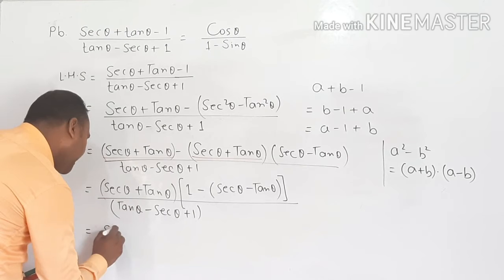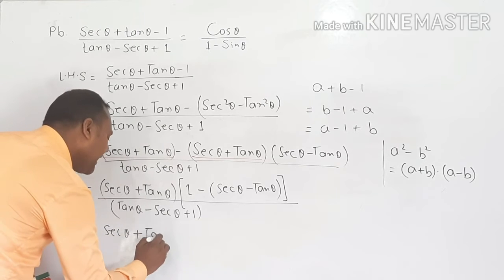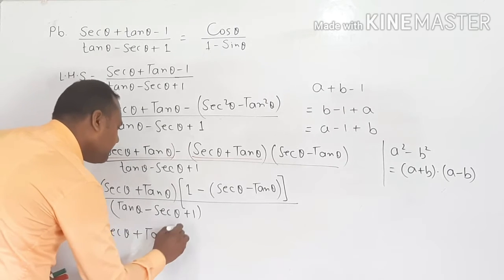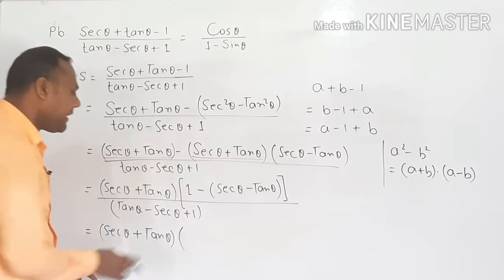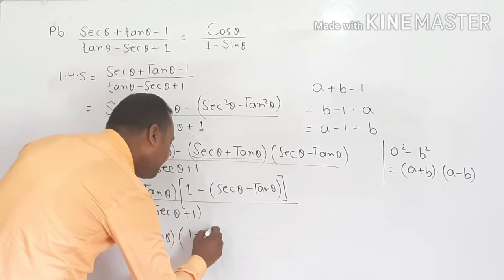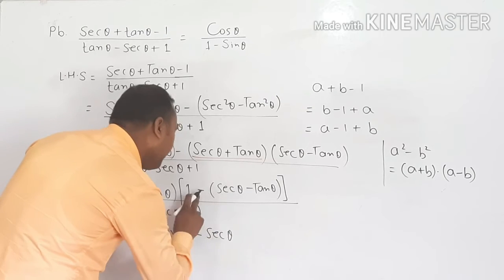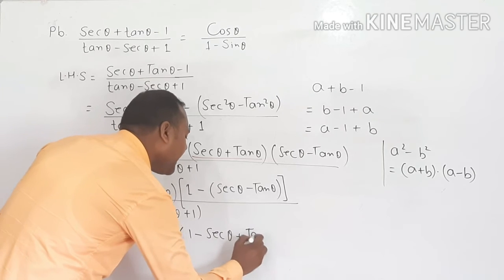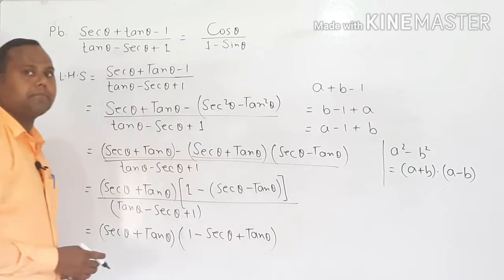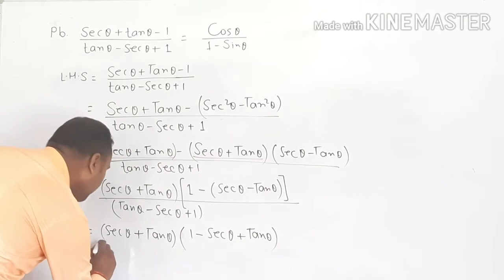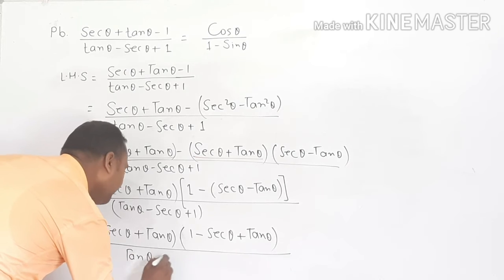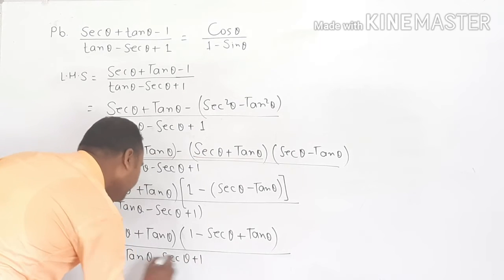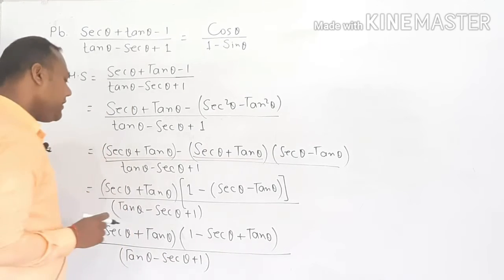After that, sec θ + tan θ. If we remove the bracket, we get 1 − sec θ + tan θ, divided by tan θ − sec θ + 1.